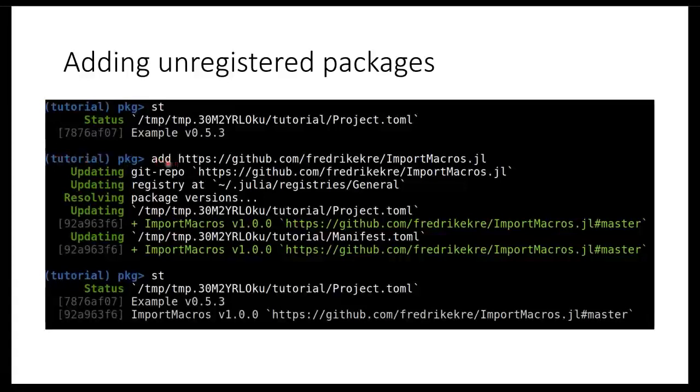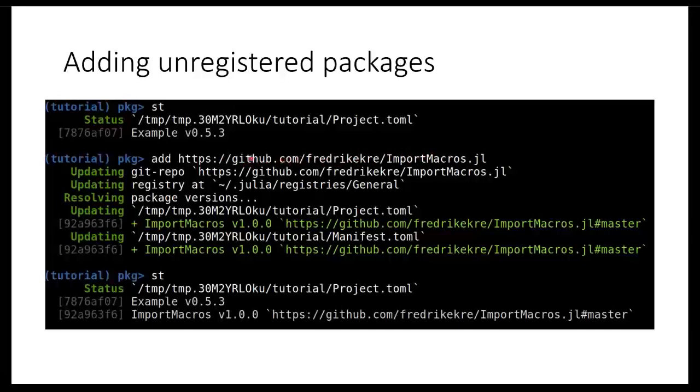Now, suppose you want to add some package directly from some author's account on GitHub. You can do so by adding that package's GitHub web address. So in this case, you are adding the HTTP github.com/the author/the package name.